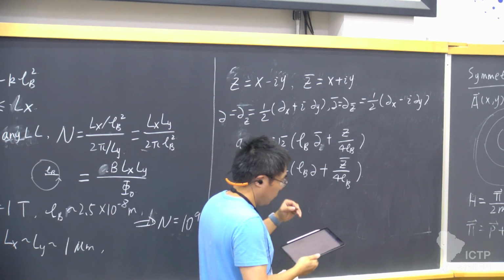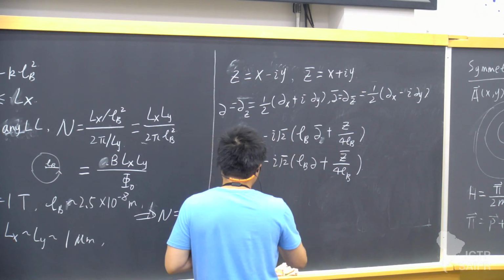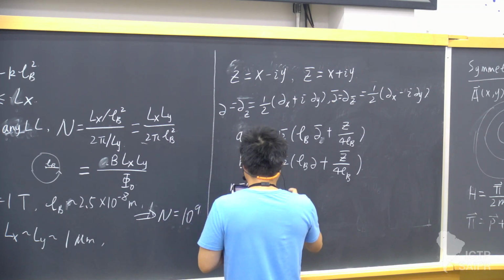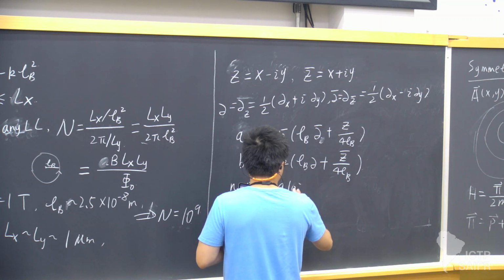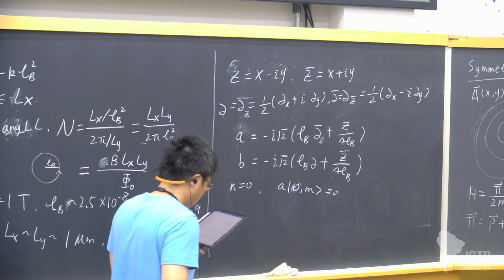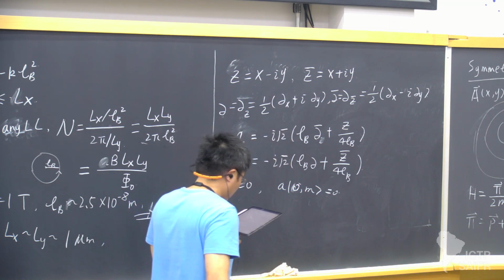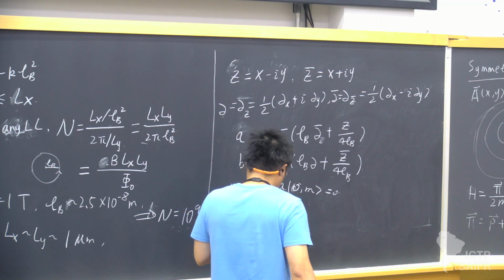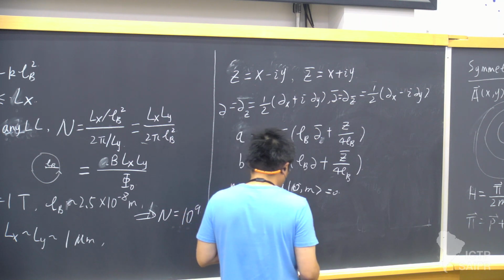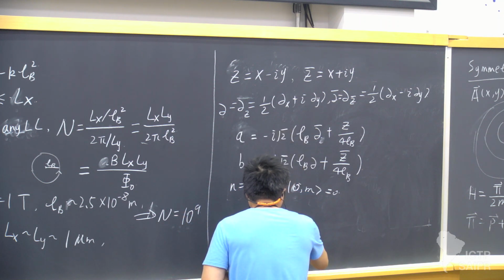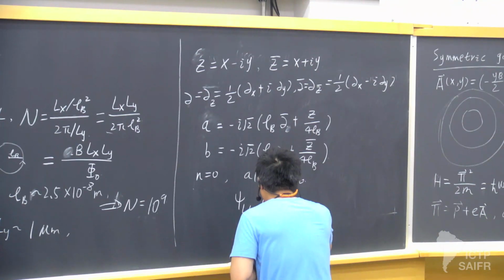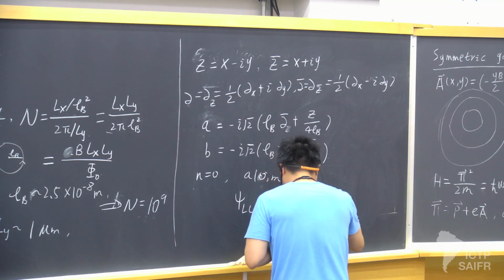So now if we look at the lowest Landau levels, that correspond to n equal to 0, such a state will be annihilated by A. And then what you can immediately get is that the wave functions for the lowest Landau levels, which I'm going to call LLL, will be of this form.